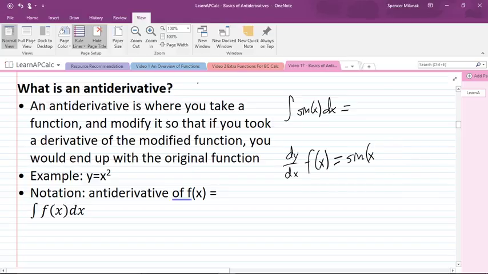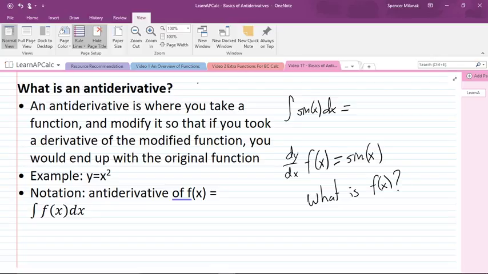So we're essentially asking here, what is f of x? And this is the antiderivative. I'll go over in a second how you figure this out.